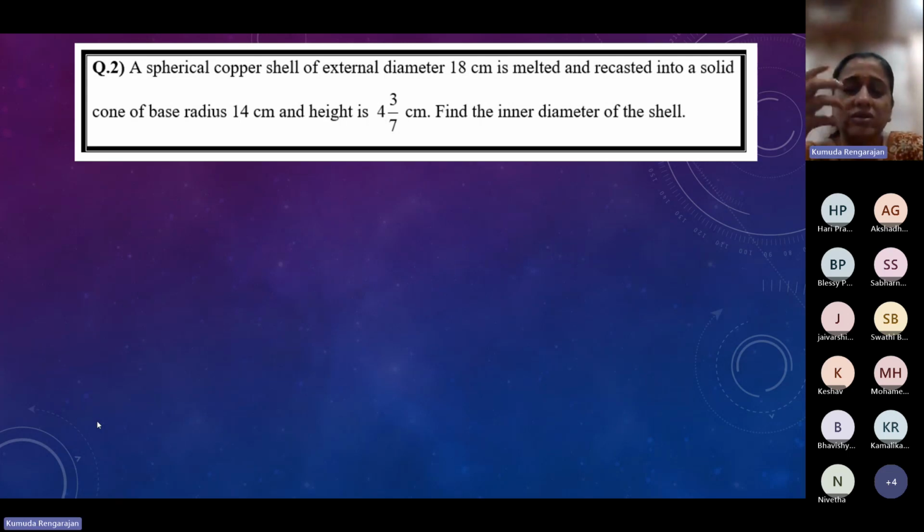Imagine a coconut in the shape of a perfect sphere. There is that empty space inside, right? The middle of the coconut is empty inside. So the sphere in this question is like the coconut.